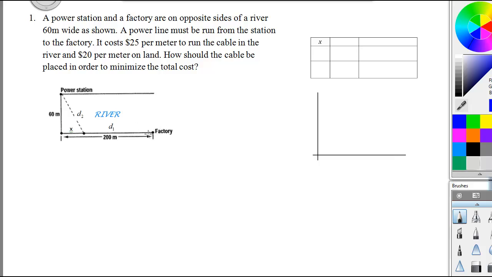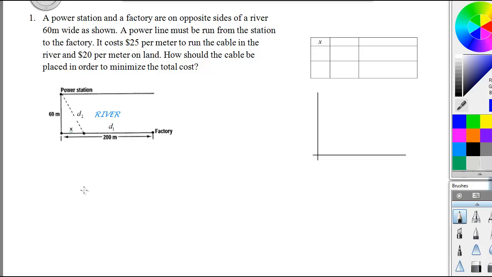And if you wait till you get all the way across the power station so that you can lay the cable at $20 per meter for the most amount and then go across, then you're going the furthest distance. 200 meters plus 60 meters would be 260 meters of wire. So you're trying to figure out where the optimal spot to cut across the river is so that the cost will be the cheapest.